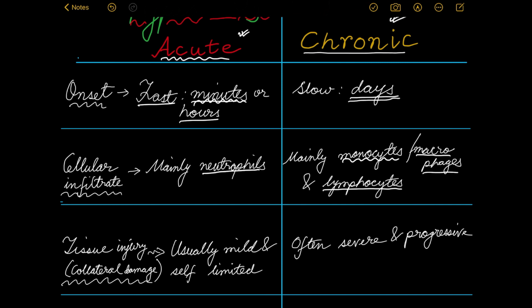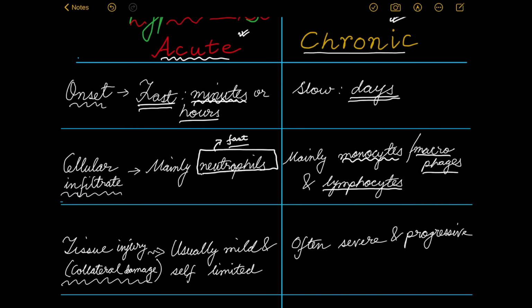Okay, it has been seen that neutrophils are very fast to respond, very fast to respond to the offending stimulus. So they are the first to reach, and hence they typically constitute the acute inflammatory process, or the acute inflammatory response rather, because acute inflammation is fast in onset.